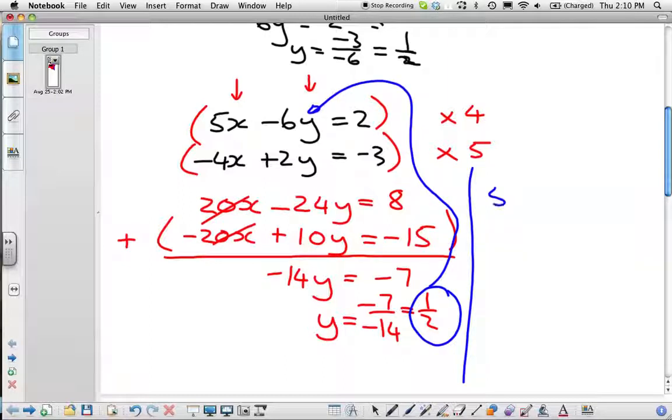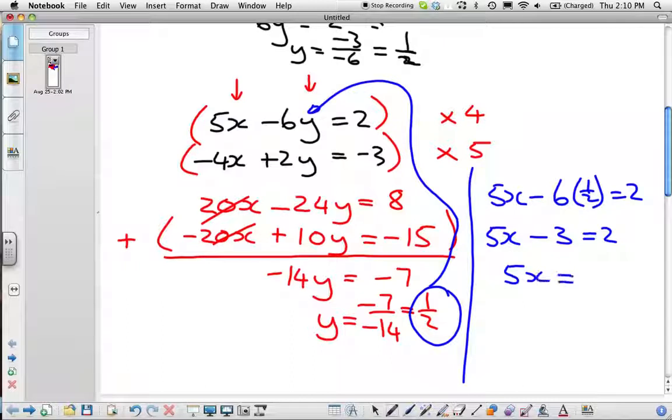So I'm going to get 5x minus 6, and now remember, put this in brackets, that's a half, equals 2. So I'm going to get 5x minus 3 equals 2. I'm going to get 5x is equal to 5, because that minus 3 goes over to the side, it becomes positive 3, adds together with a 2 to be 5, and I'm going to get x is 5 divided by 5, which is 1.